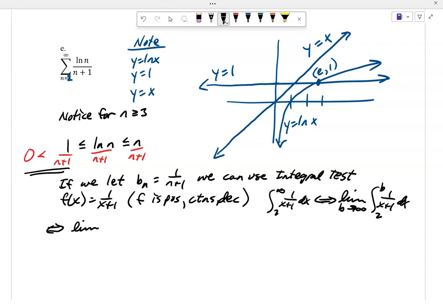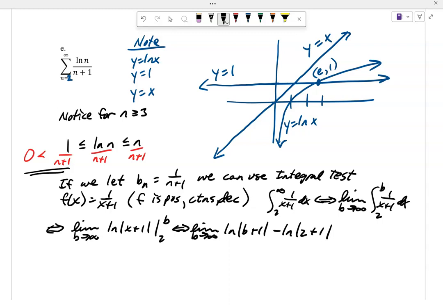The integral of 1 over u is the natural log of u from 2 to b. So we've got the limit as b goes to infinity of the natural log of b plus 1 minus the natural log of 2 plus 1. Well, this is going to go to infinity. So this thing ends up diverging.